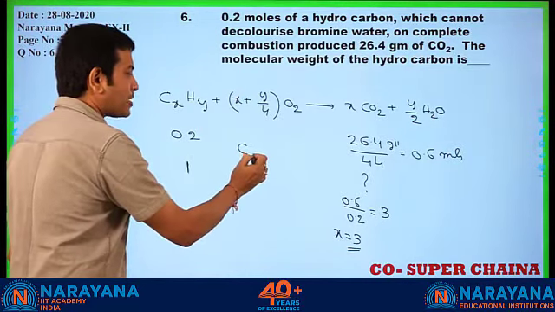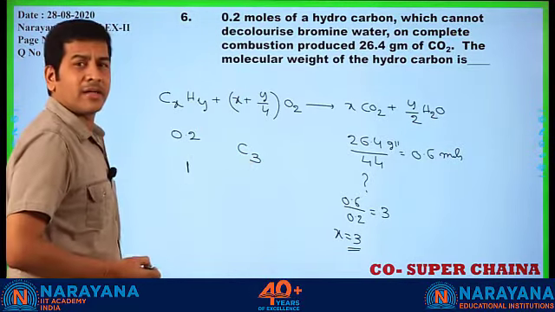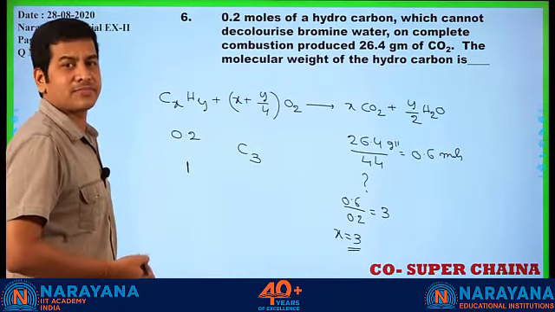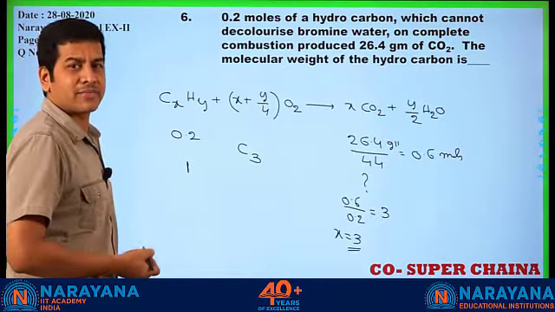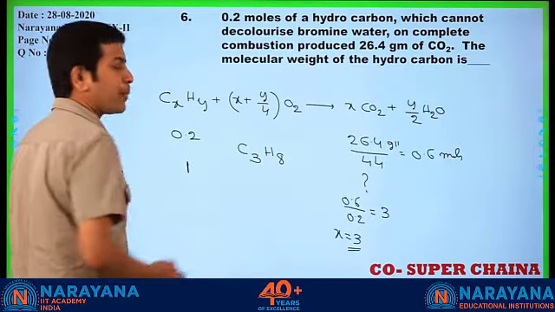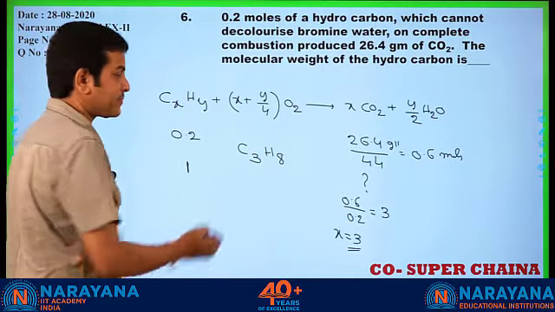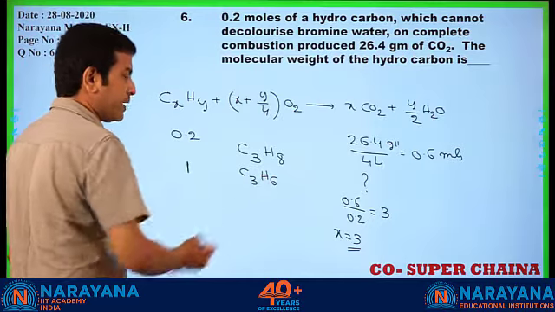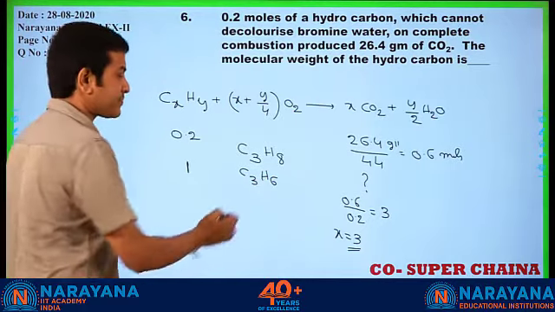Now the possible hydrocarbons, that means alkanes, alkenes and alkynes with 3 carbon atoms. C3H8, that is propane, alkane. C3H6, that is propene, alkene.